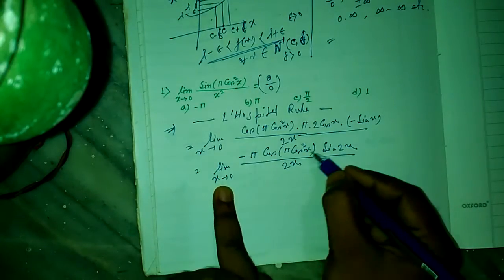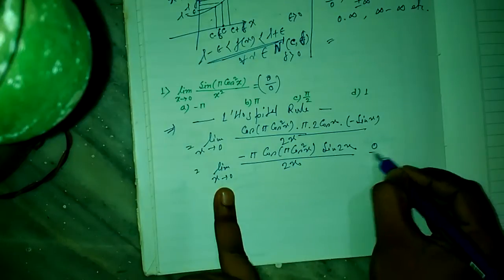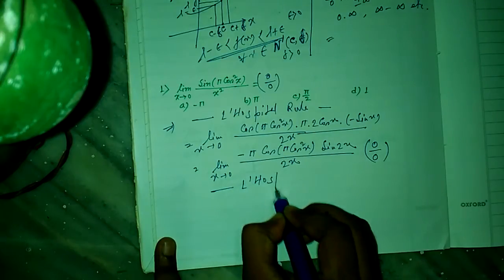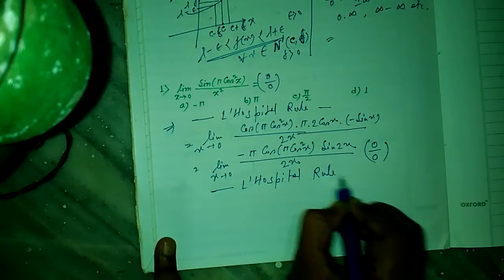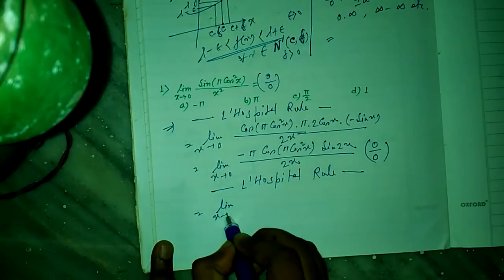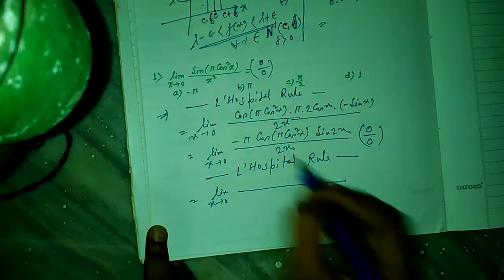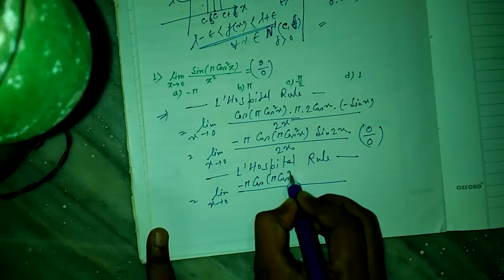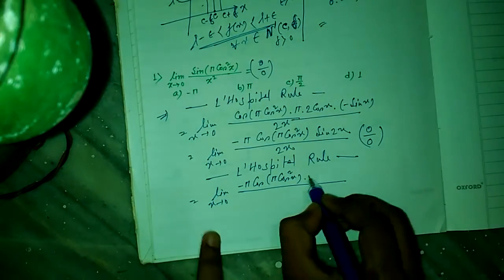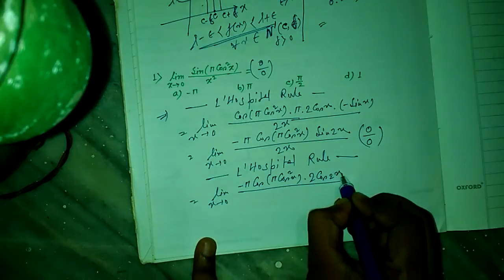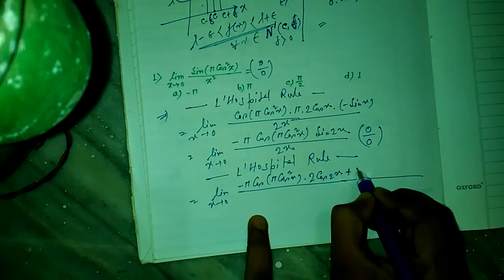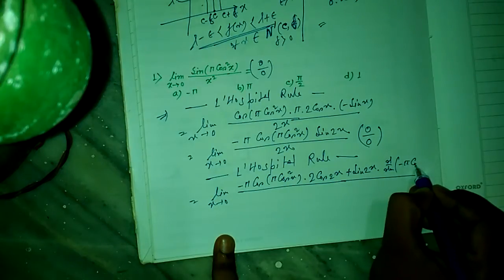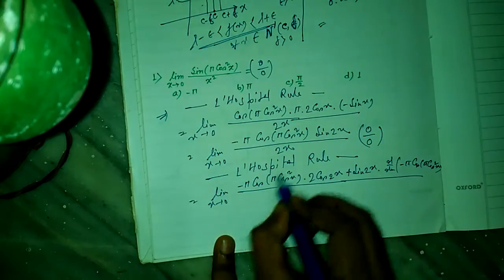Again see, when we put x equal to 0, the numerator will be 0 and the denominator is also 0. So here again we apply L'Hospital rule. Again we differentiate the numerator and denominator with respect to x. So the derivative of sin 2x will be 2 cos 2x, plus sin 2x into the derivative of minus pi cos(pi cos square x), and this is 2.